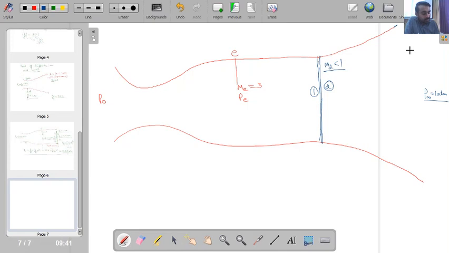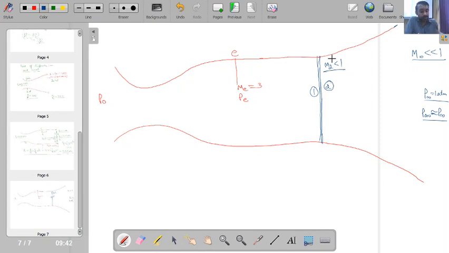At infinity the Mach number will be very small, so small that I can assume P naught infinity is nearly equal to P infinity. Is this point clear? After I have used a diverging section on the downstream of the shock wave, my flow situation is already subsonic.